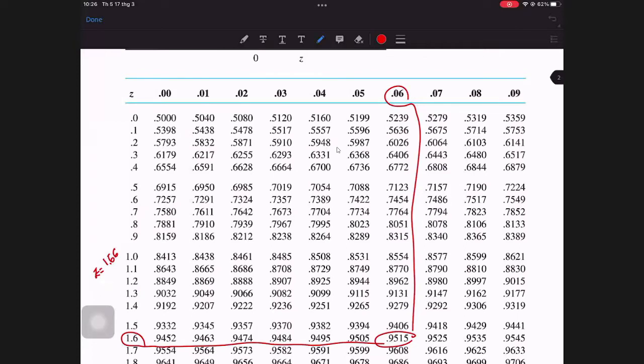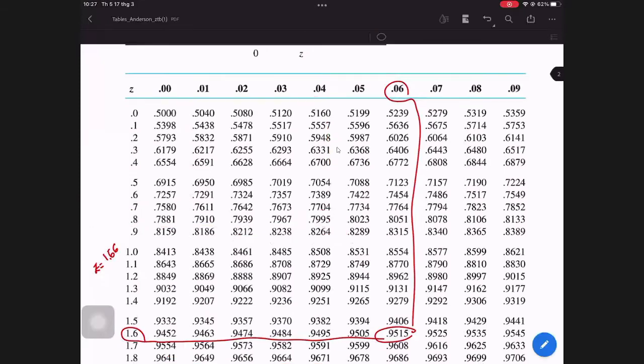For example, here the value 0.7995 is actually the closest to 0.8. So we'll just move along here to 0.8, and then we move up here. So the z value here is equal to 0.84. That should give us the value of z.